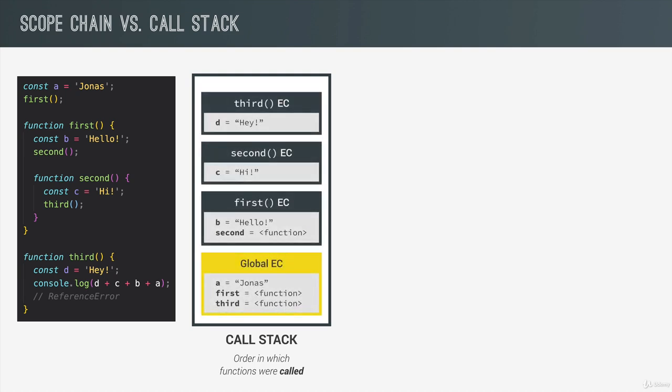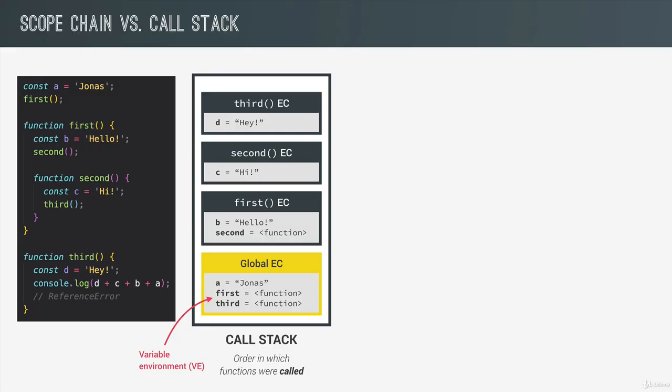One execution context for each function in the exact order in which they were called. I also included the variable environment of each execution context. For now, all this has nothing to do with scopes or the scope chain, all right? All I'm doing is creating one execution context for each function call and filling it with the variables of that function. And you can pause the video here for a moment to understand the content of each variable environment.